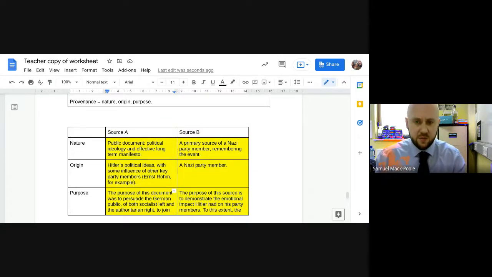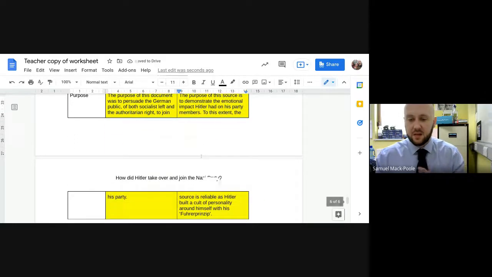So source B is a primary source of a Nazi Party member remembering the event of a party meeting. And what is the origin? Well, the origin is a Nazi Party member. Now, what's the purpose of this source? So the purpose of this source is to demonstrate the emotional impact Hitler had on his party members. Now, to this extent, the source is reliable.